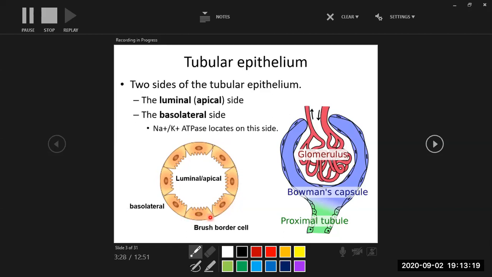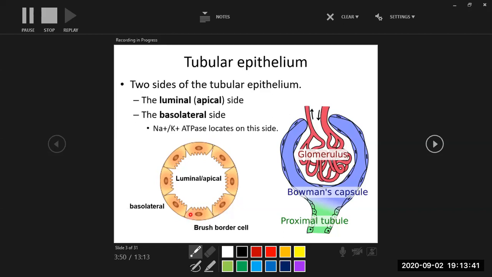So cells all have this pump, the sodium-potassium ATPase, but in the renal tubular epithelium, these sodium-potassium ATPases are all located on the basolateral side. Okay, so that is the foundation.